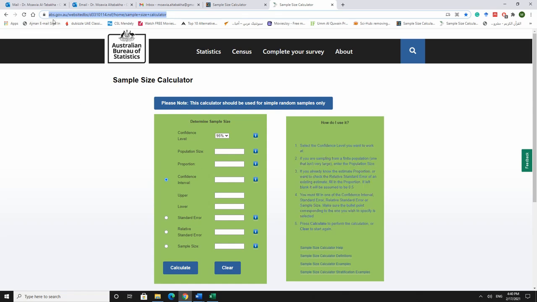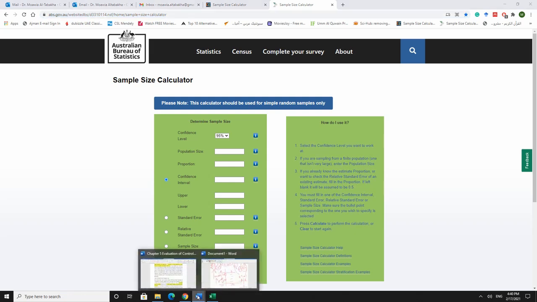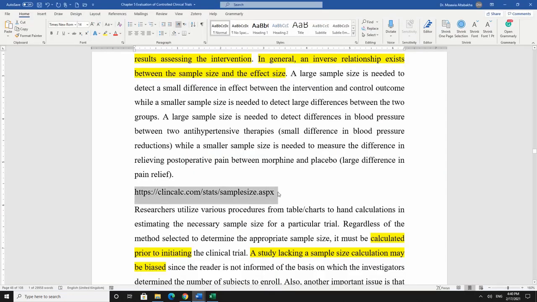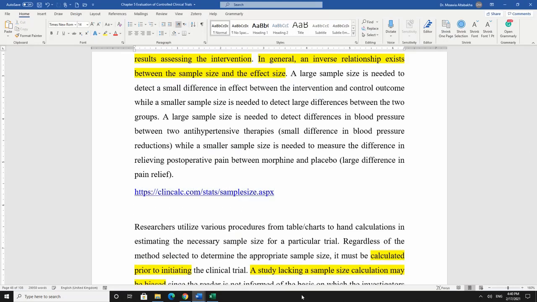Okay, it's apps.gov, government, this is very strong, .au Australia. Okay, I will type it here so you can also see it.